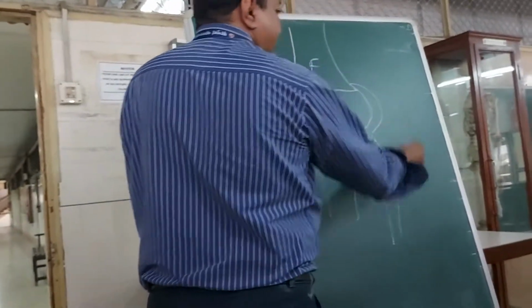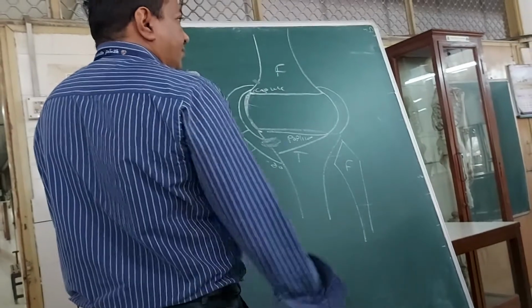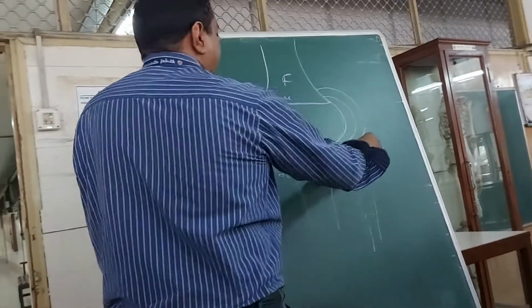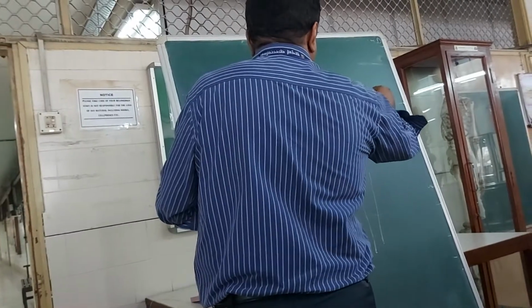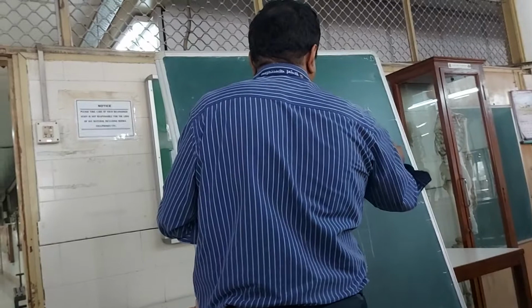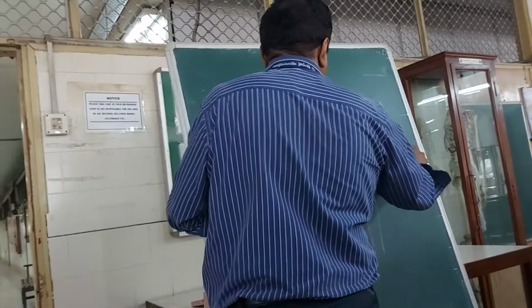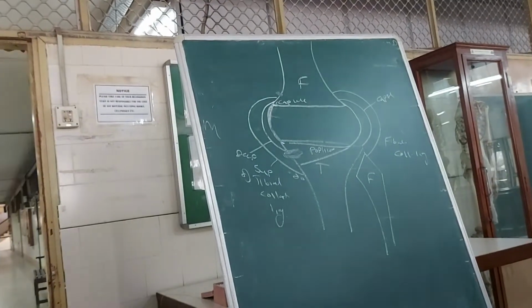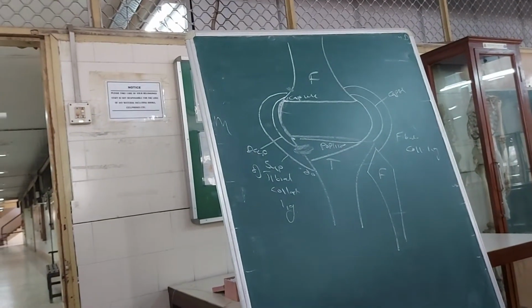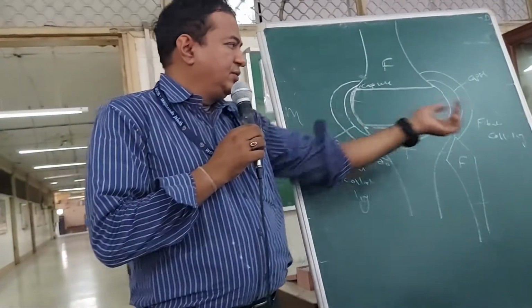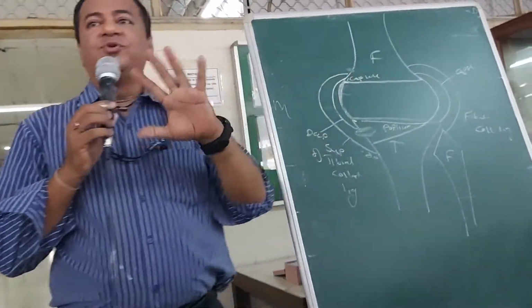Second line will be the capsule, and third line will be the fibular collateral ligament. Is that clear to you? Three lines on both sides.